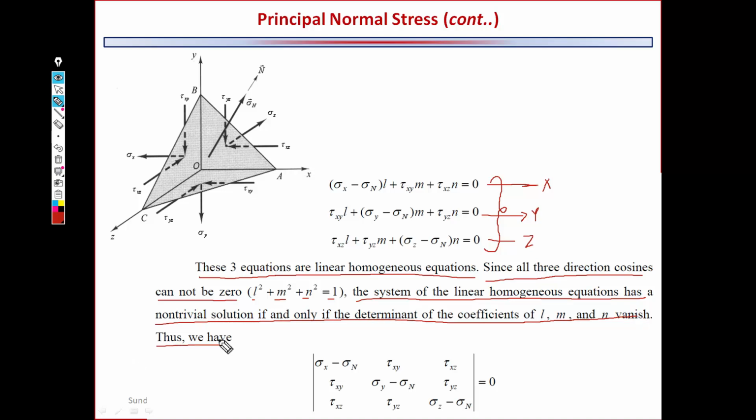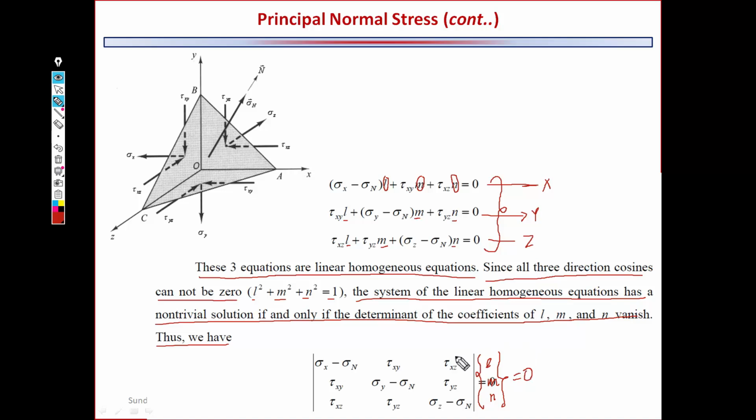Thus we can have this form of the equations. Again, we have removed the coefficients l, m and n, as these are present in all three equations. Over here we can write it like this: the entire matrix multiplied by the coefficients l, m and n, which is equal to 0.